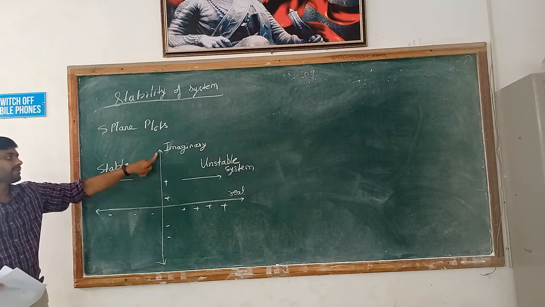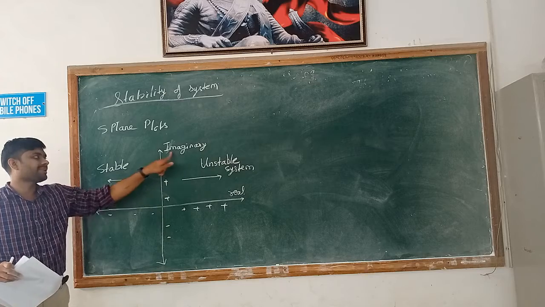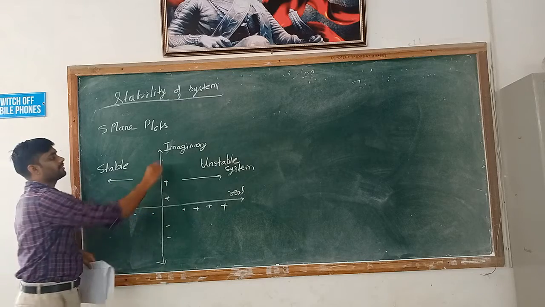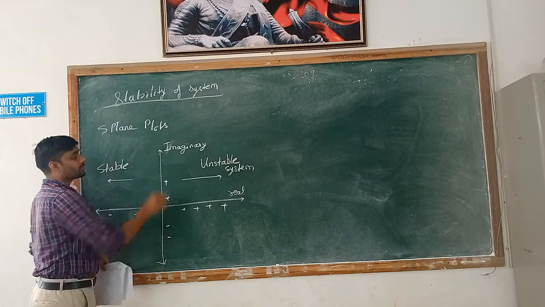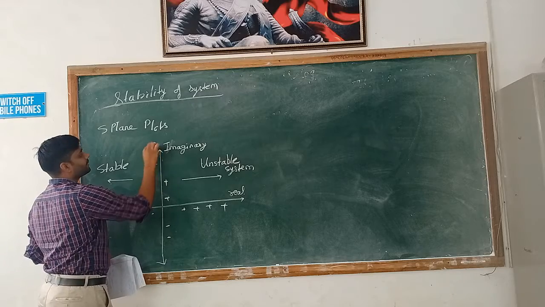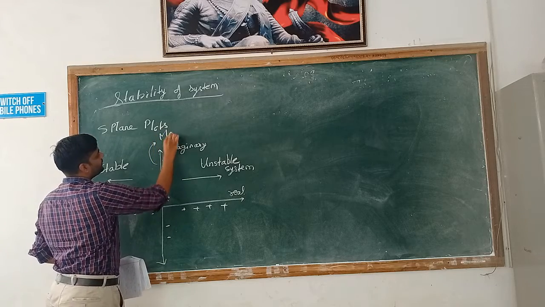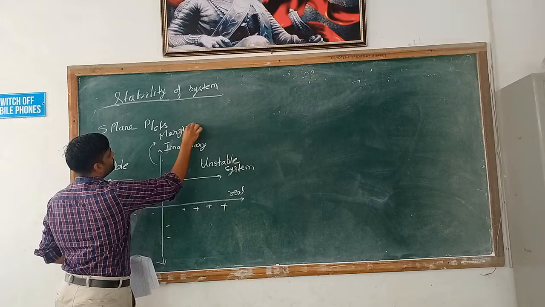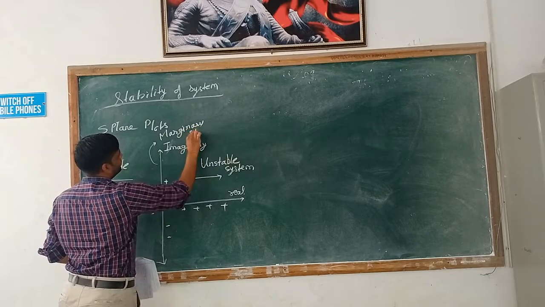And if the value of the pole comes on this imaginary axis, then it becomes a marginally stable system.